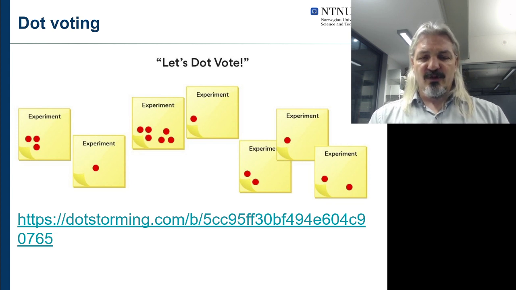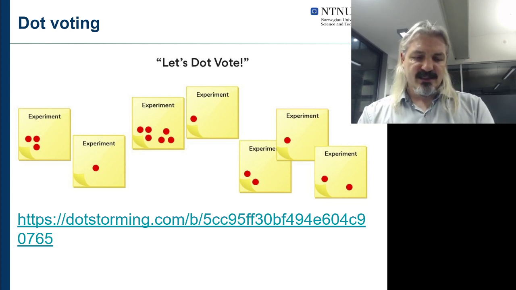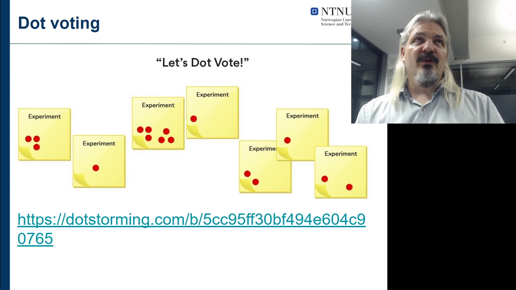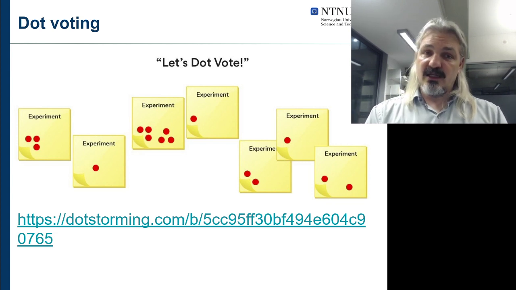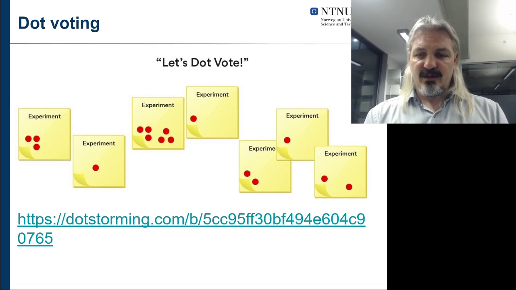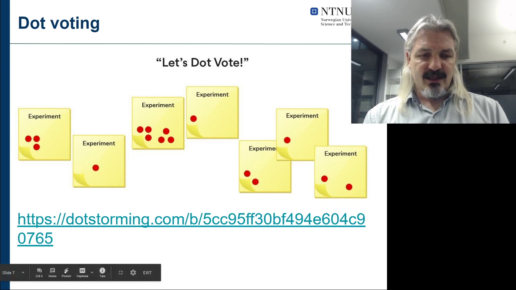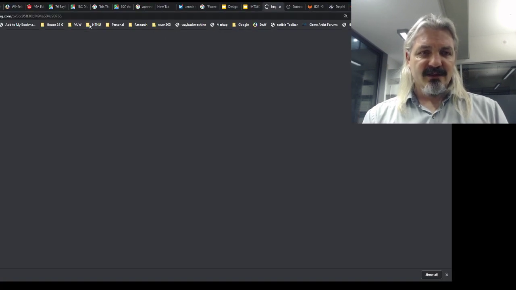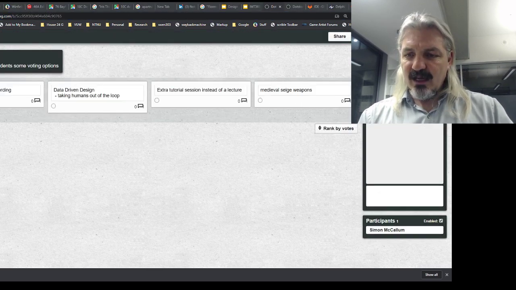So this is a dot storming board. If you go to GitLab, you can find this in various places. You can find it on the team collaboration page in GitLab. I will also put it as a link here, I'll click on it, it will take us to it, I will copy that and put it in here, and you can all join and vote.